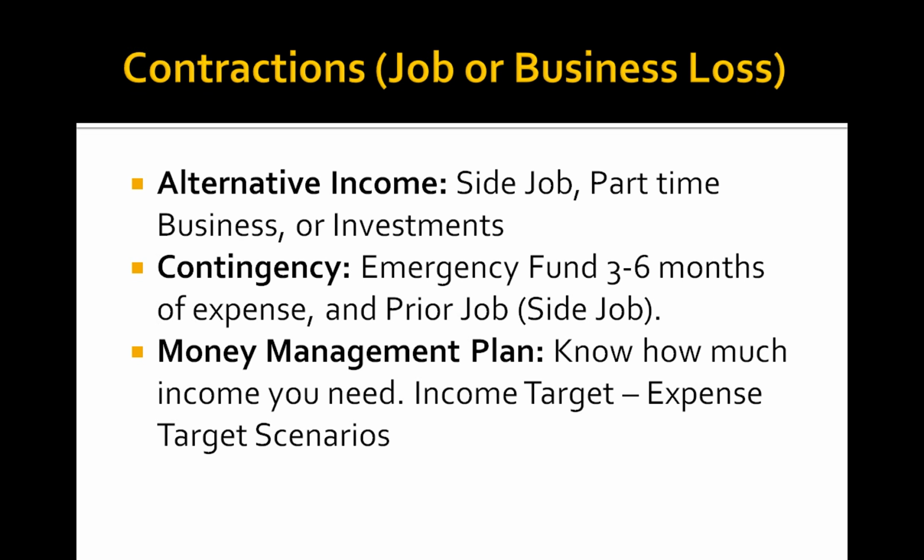Now, the next one is a money management plan. If you remember the first video, the money management overview, I talked about a business manager who had rent of $1,500 and other necessary expenses of another $1,500. The total expenditures should account for 60% of his income, so his target income was $5,000.